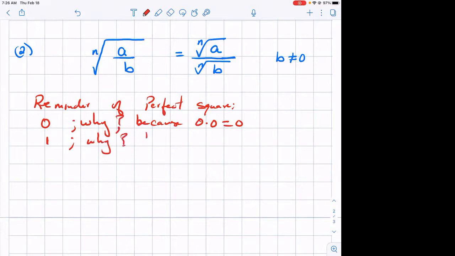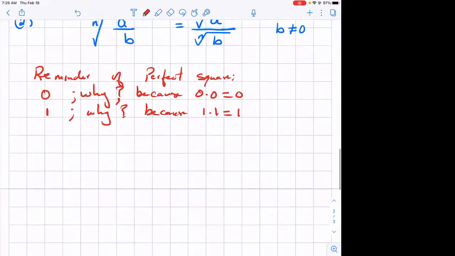Because 1 times 1 is equal to 1. 2 is not, 3 is not, 4 is a perfect square. Why? Because 2 times 2 is equal to 4. Once you can find a number when multiplied by itself, and this list goes on and on. This list doesn't end.